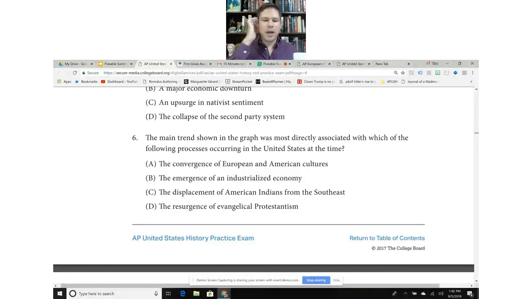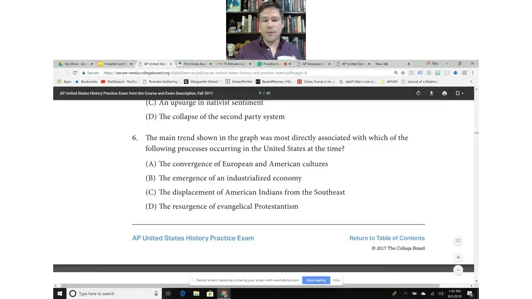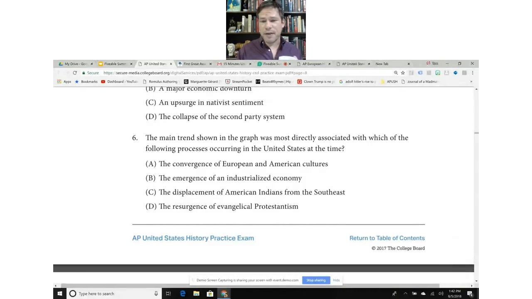Anytime we go through this, we're going to get some wrong, because there is some subjectivity here. There are certain things here that we can certainly see that like C and D are wrong. And if you can get it down to two of them, sometimes you're going to get them wrong, and sometimes you're going to dispute what the College Board says the right answer is, because there's always going to be subjectivity. But again, the kids only have to get half of these right to pass the exam.